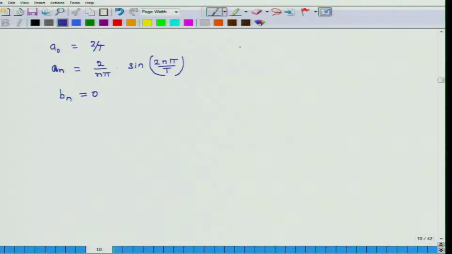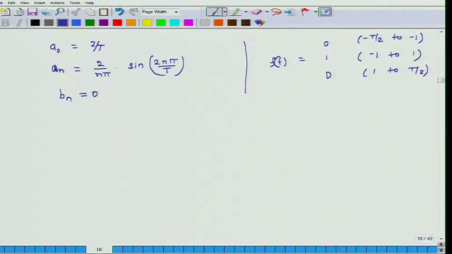Our original function is equal to 0, 1, 0 for the limits minus T over 2 to minus 1, minus 1 to 1, and 1 to T over 2.